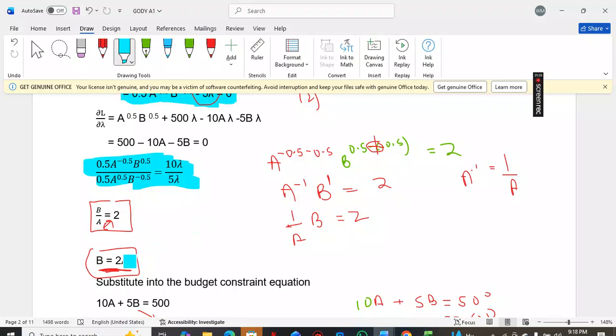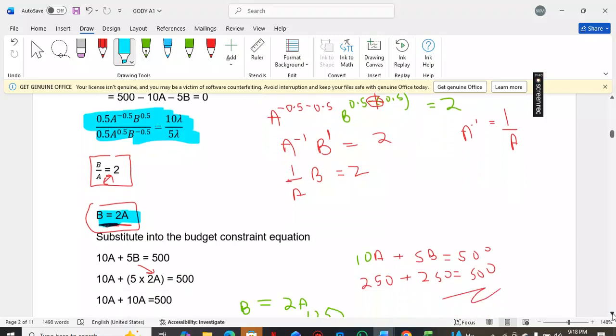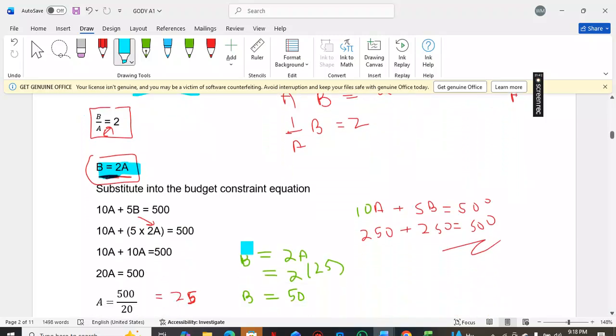Then substitute this new expression into the budget constraint equation so that you get first your value of b, or whatever you're trying to look for, then you get the value of a. So basically 5 steps.